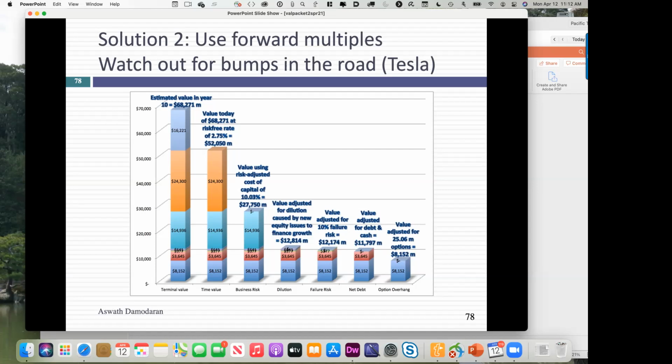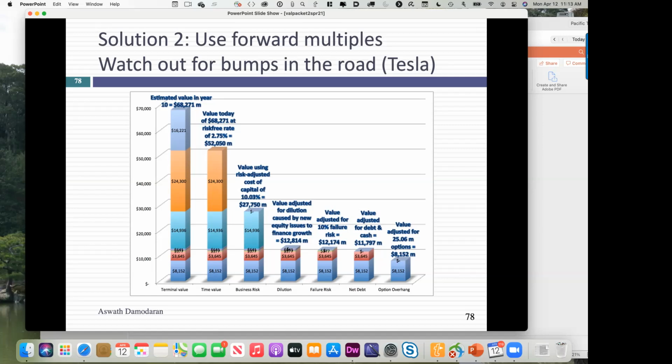So I actually did a post on what happens as you get from year 10 to today. First, if I just discount back at the risk-free rate, it's minimal discounting, and 68 billion becomes 52 billion. If I discounted at the cost of capital, 68 billion becomes 28 billion.